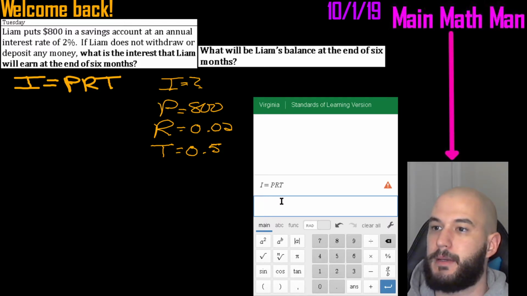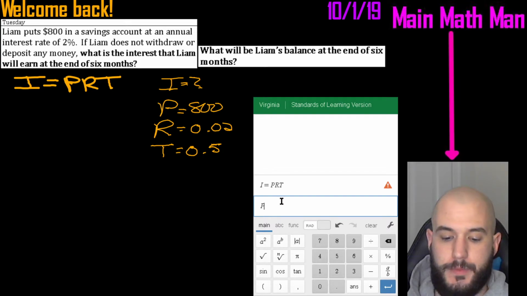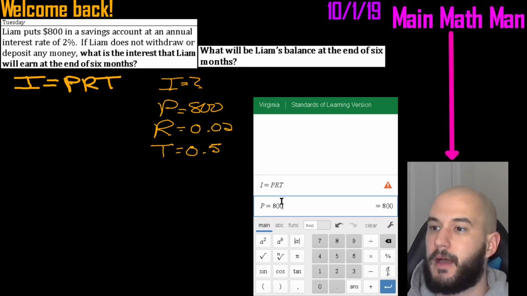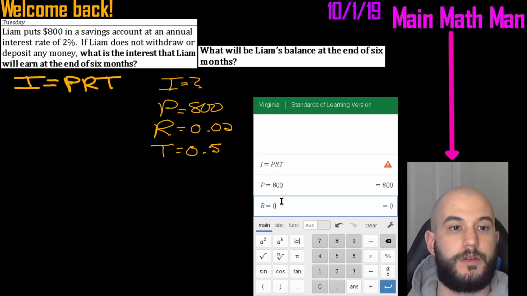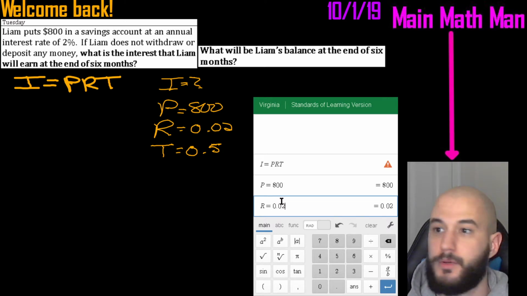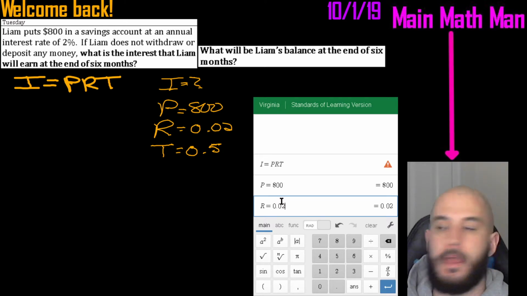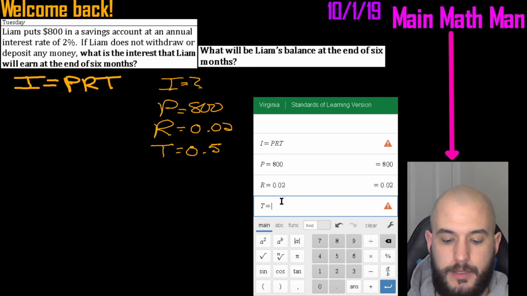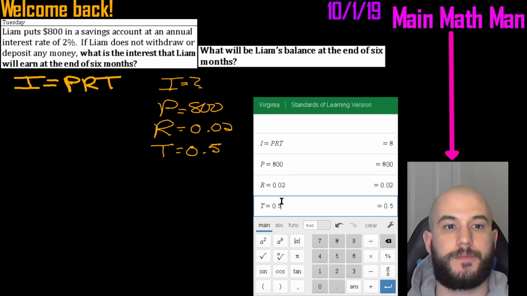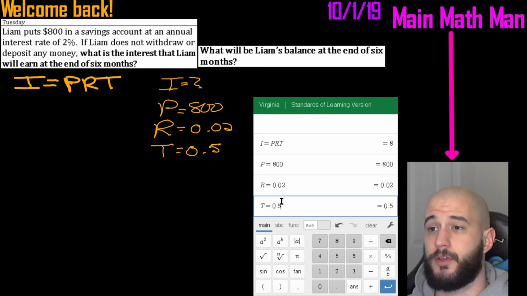I can say my principal is equal to 800. My rate is going to be 0.02. And then my time T is going to be that 0.5 years. It calculates it for you very simply.